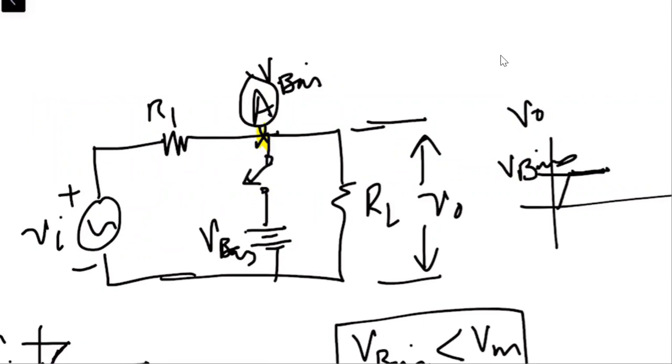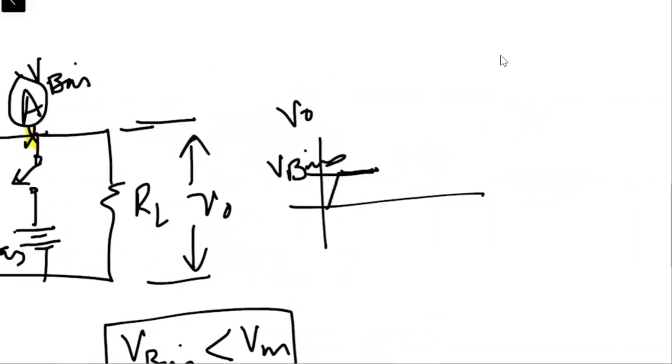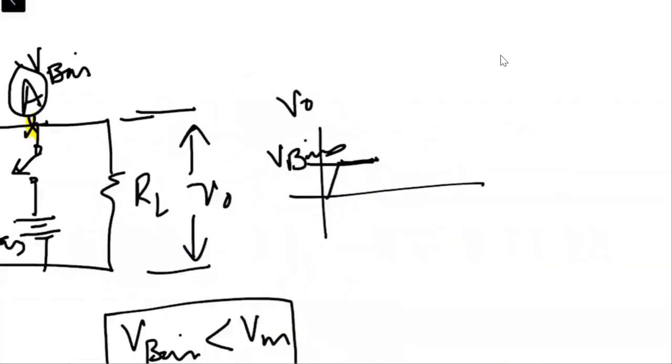So when this becomes an open switch, the output will just follow the input, right? And for the negative half cycle, the diode will remain open. And when the diode remains open, the output will be flowing across RL, like this. Are you with me?